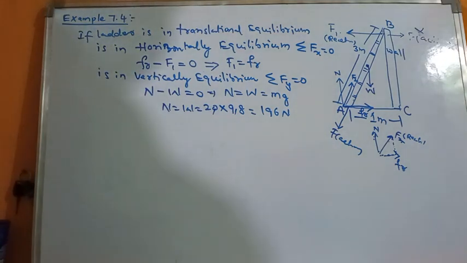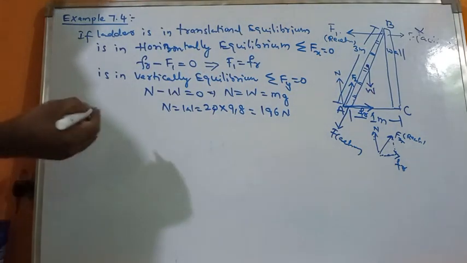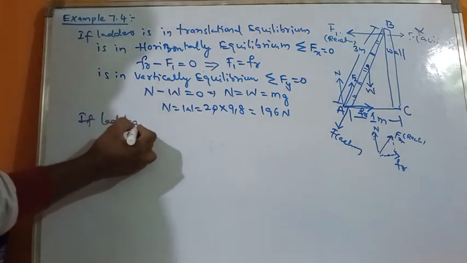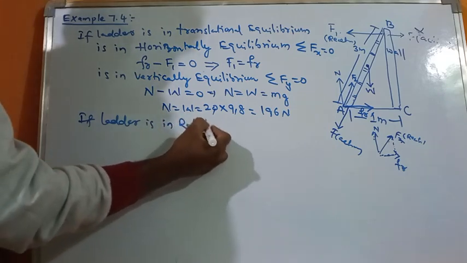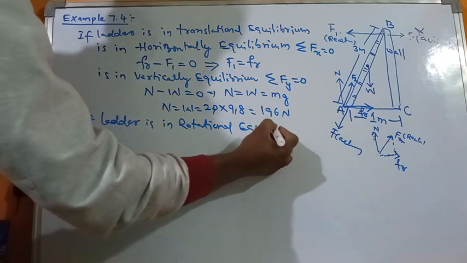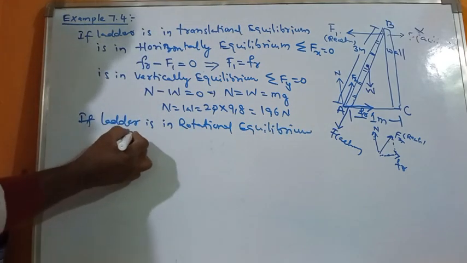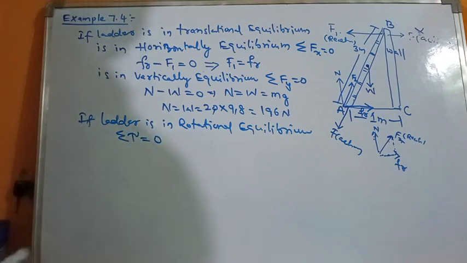Okay, so then if this ladder is in rotational equilibrium, then the sum of all torques is equal to 0.